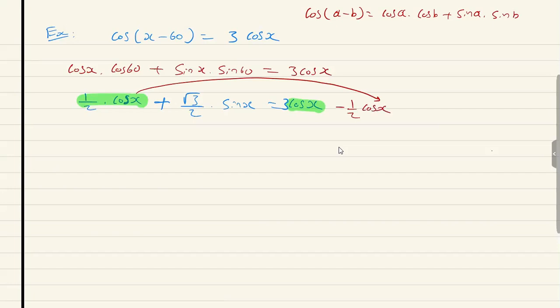So on my left hand side, I have square root 3 over 2 times sine x, equal to 3 minus a half, which is 2.5, so 5 over 2 cosine x. Now you see that this question became one of my complex trigonometric equations with the same angle and different coefficients.